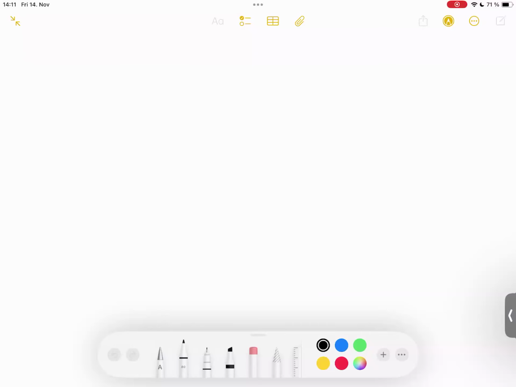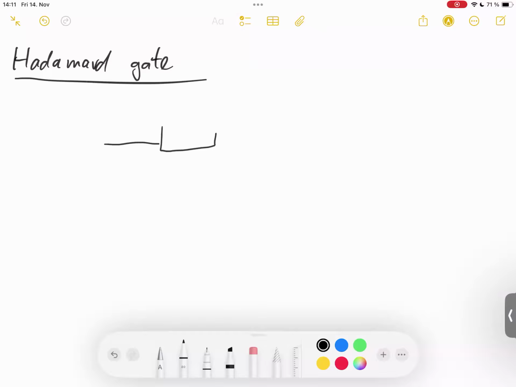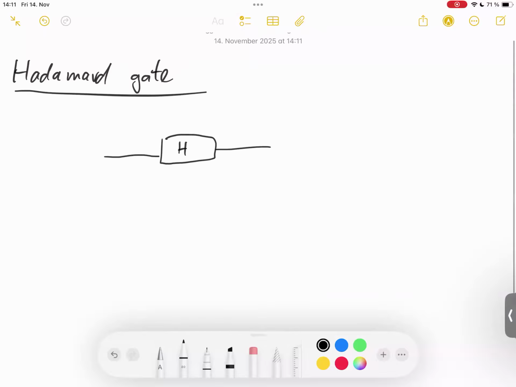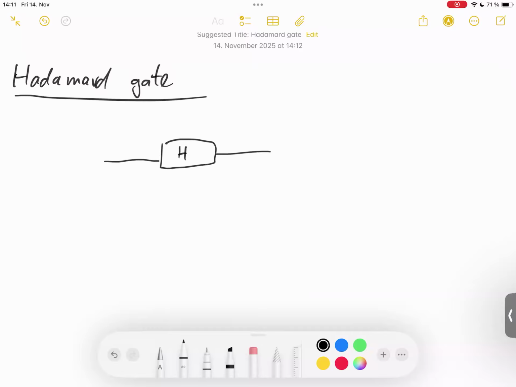So the Hadamard gate is a super important gate in quantum computing, and what it does is it creates a superposition. Because if you have a quantum algorithm, you have certain inputs to the quantum algorithm, and those inputs will be classical values, 0 or 1, just bit values that you're putting for those qubits.